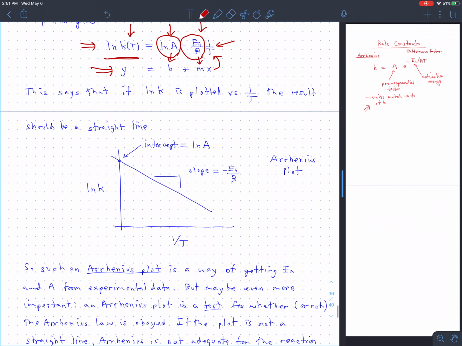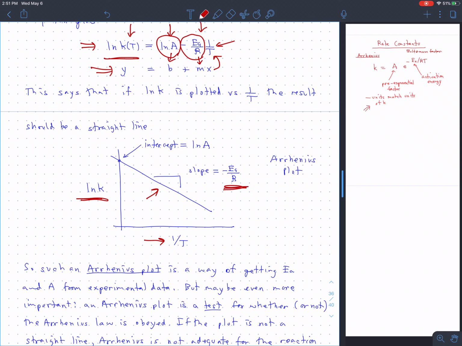That says that if we plot the logarithm of a measured k value versus 1 over the temperature, we should get a straight line, and the slope of that straight line should be minus EA over R.